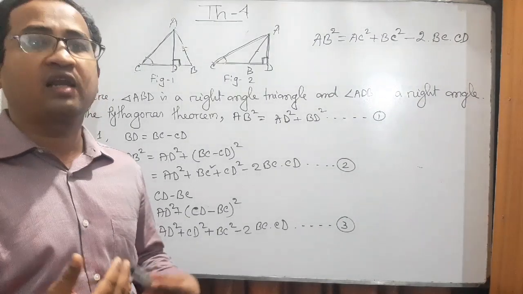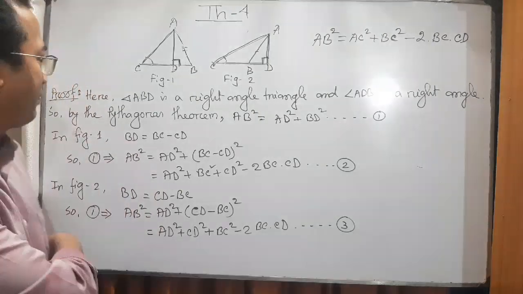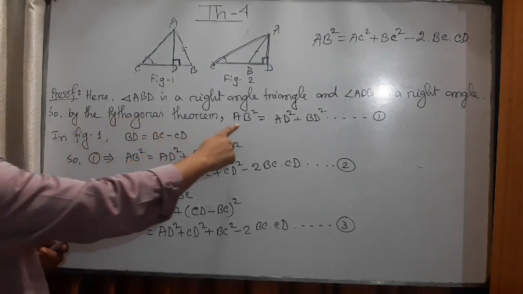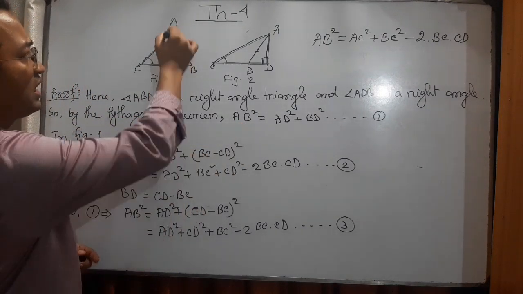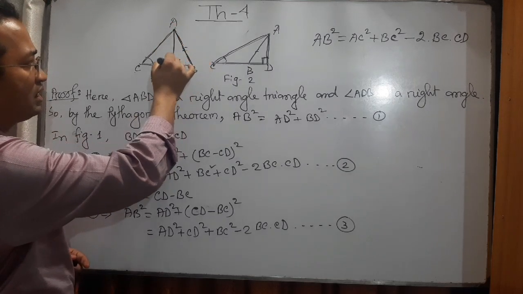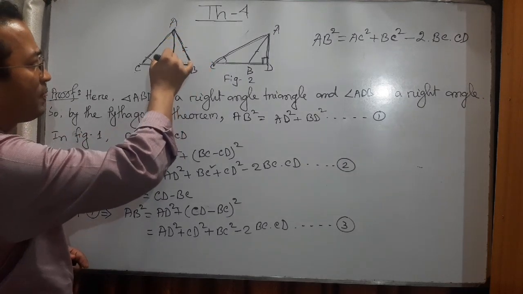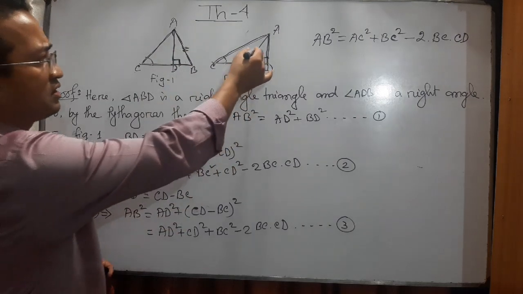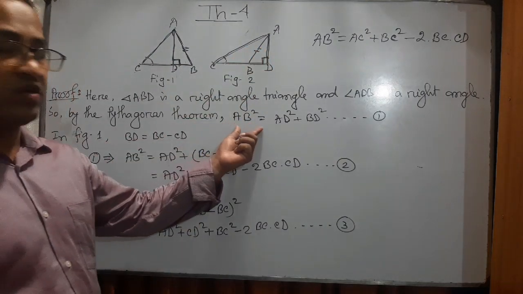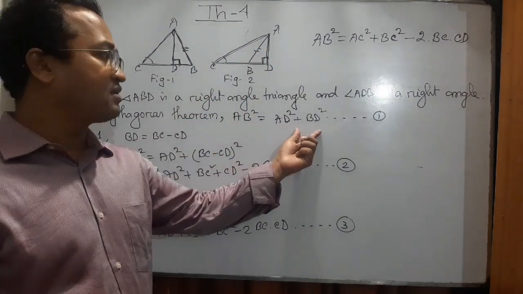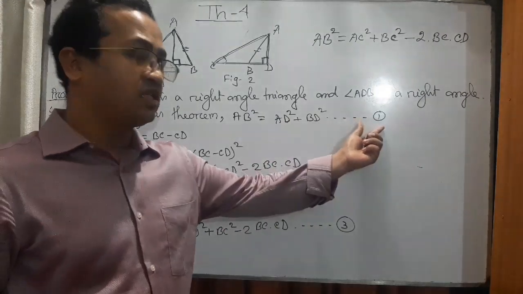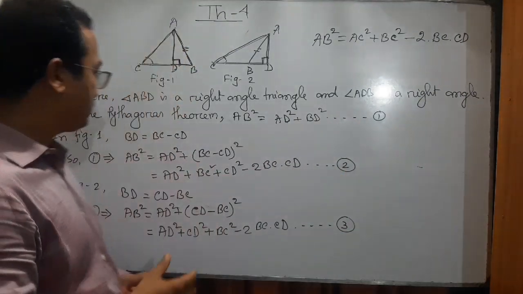If it is right angle, we can apply the Pythagoras theorem. By the Pythagoras theorem, AB square, because AB is the hypotenuse in this triangle, equal to AD square plus BD square. This is equation number 1.